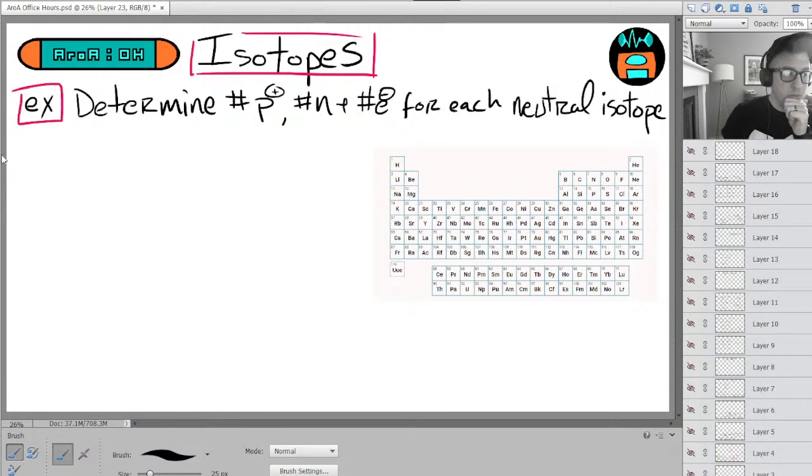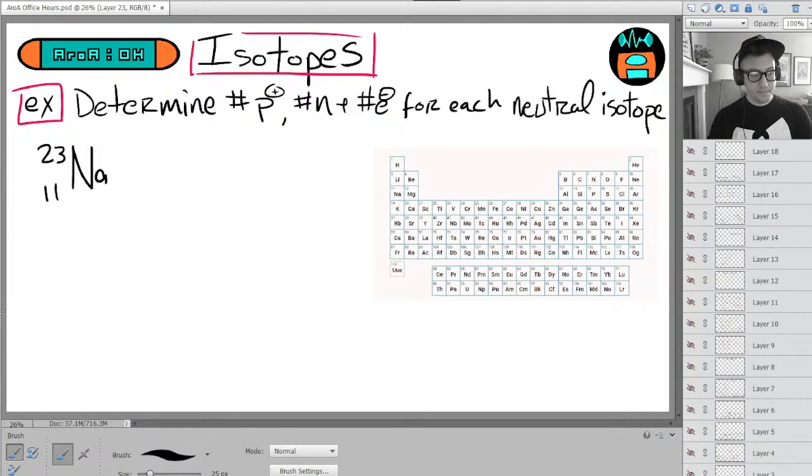Let's start with sodium-23. Remember, we've been given our mass number here, and the atomic number gives you the protons and the electrons because we're dealing with the neutral isotope.